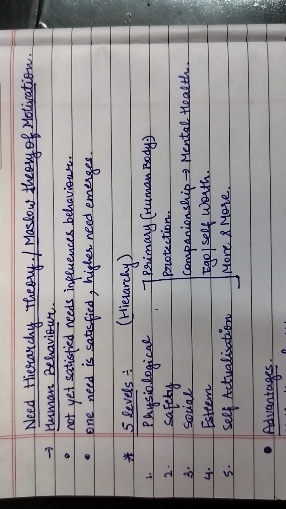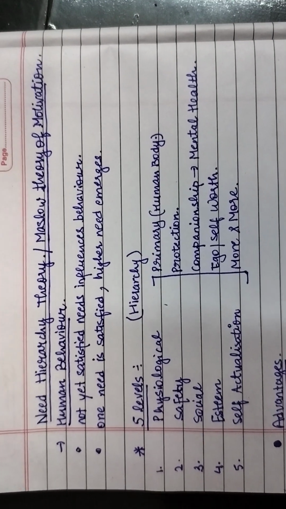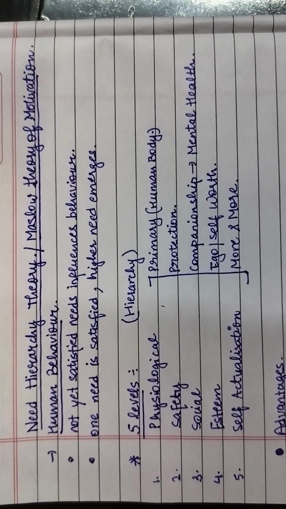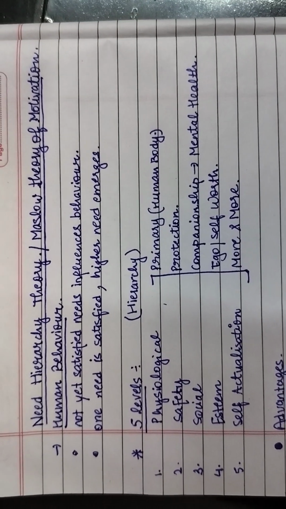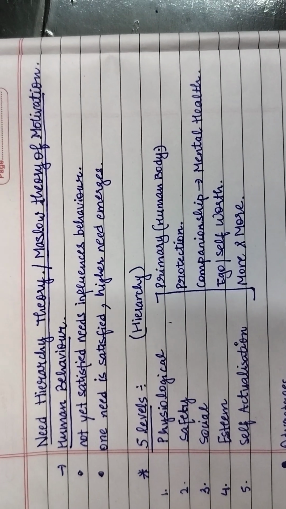And fifth is self actualization. It could be more and more what the person wants to achieve on a personal level, the personal achievement of a human being, right? So these are the different five levels of the hierarchy of needs. That is the Maslow theory of motivation.